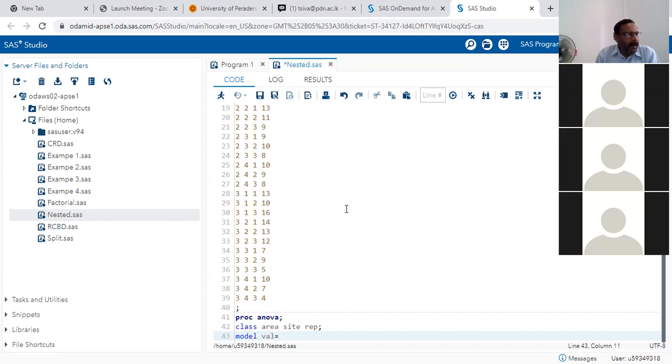Look at your ANOVA and tell me how we can write the model. Y, I, J, K. Two-factor nested model.